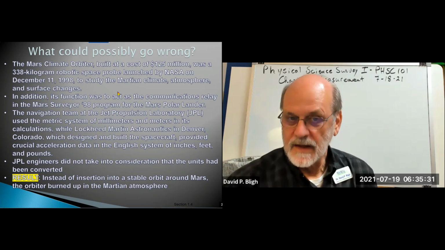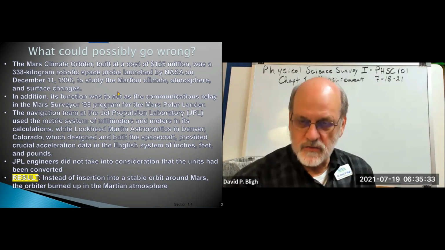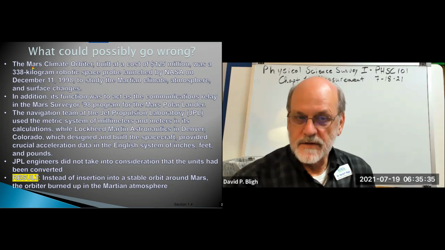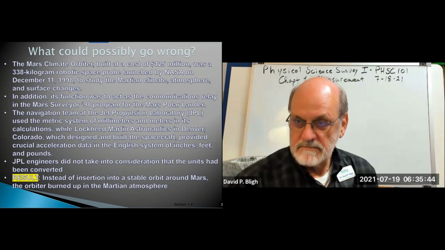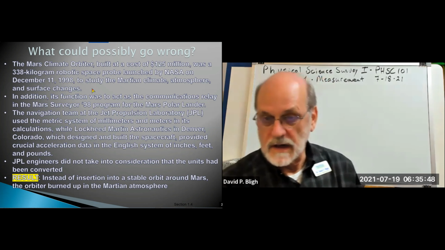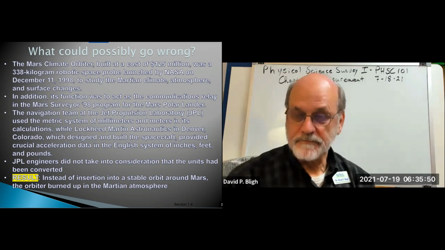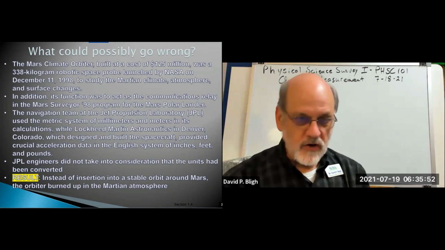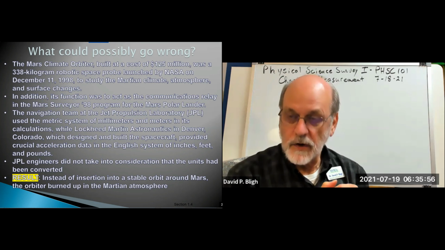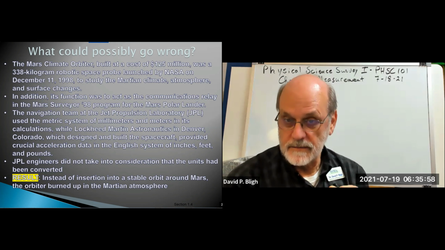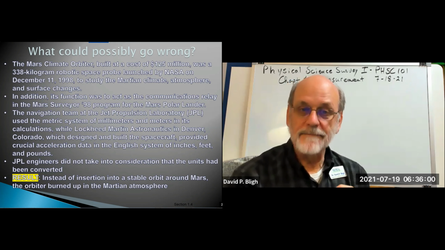Why? Because the manufacturer of the Mars Climate Orbiter used the English system in building the spacecraft. In other words, in the software as well. So all the instructions sent to the spacecraft needed to be converted to the English system, right?